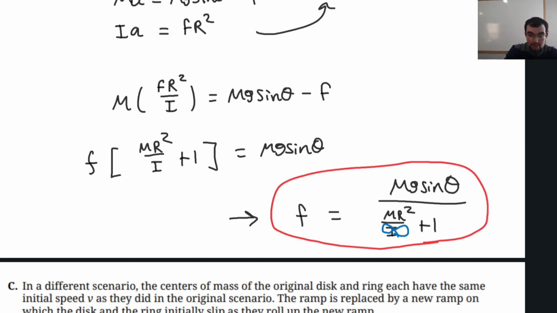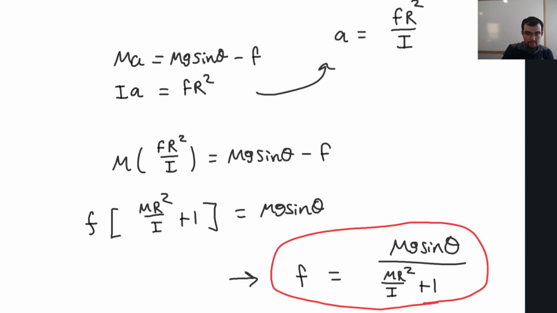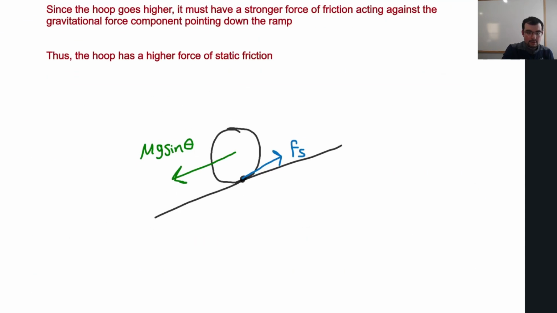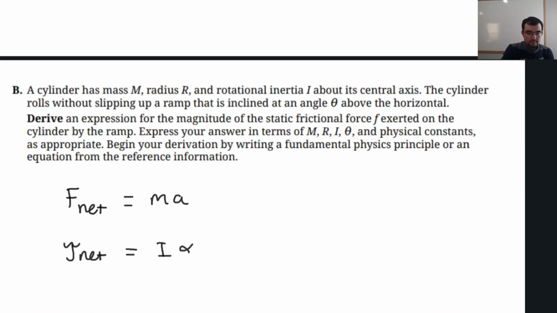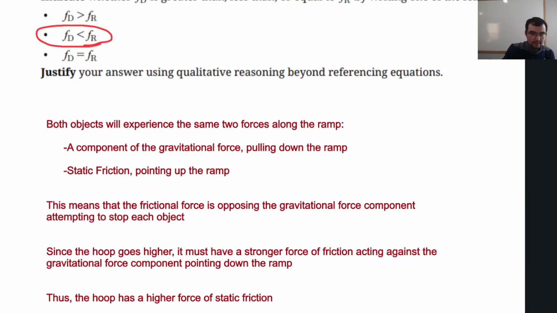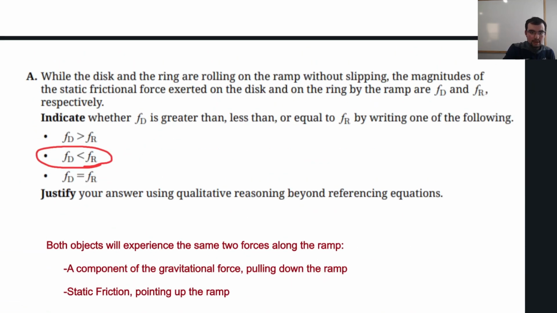But if I plugged in a really, really small number, like 0, I would get infinity in the denominator, so I'd get 0 for the frictional force. So what that tells me is that low I has low friction and high I has high friction. So that's consistent with this explanation above.